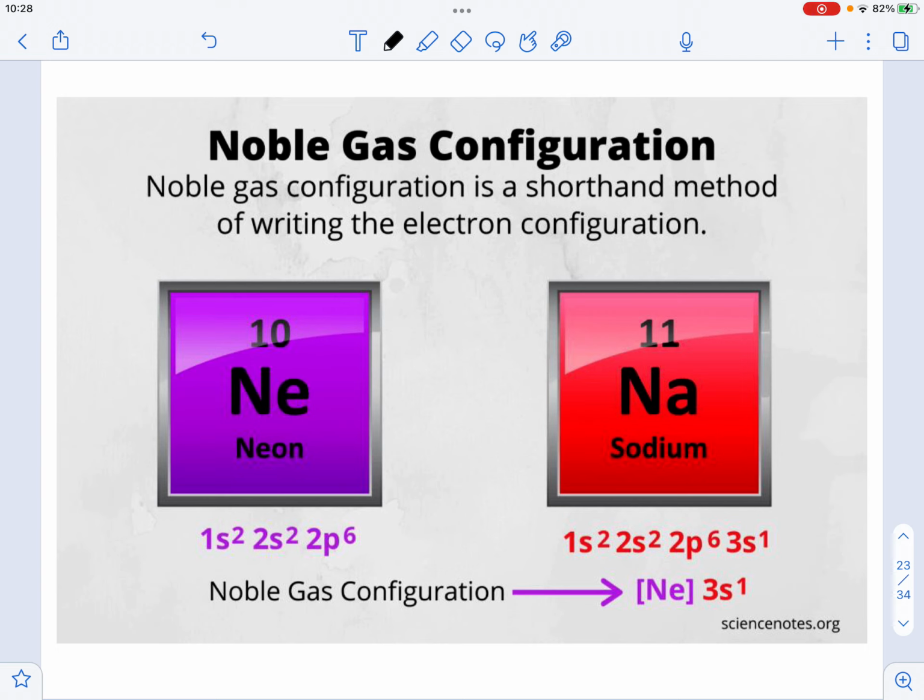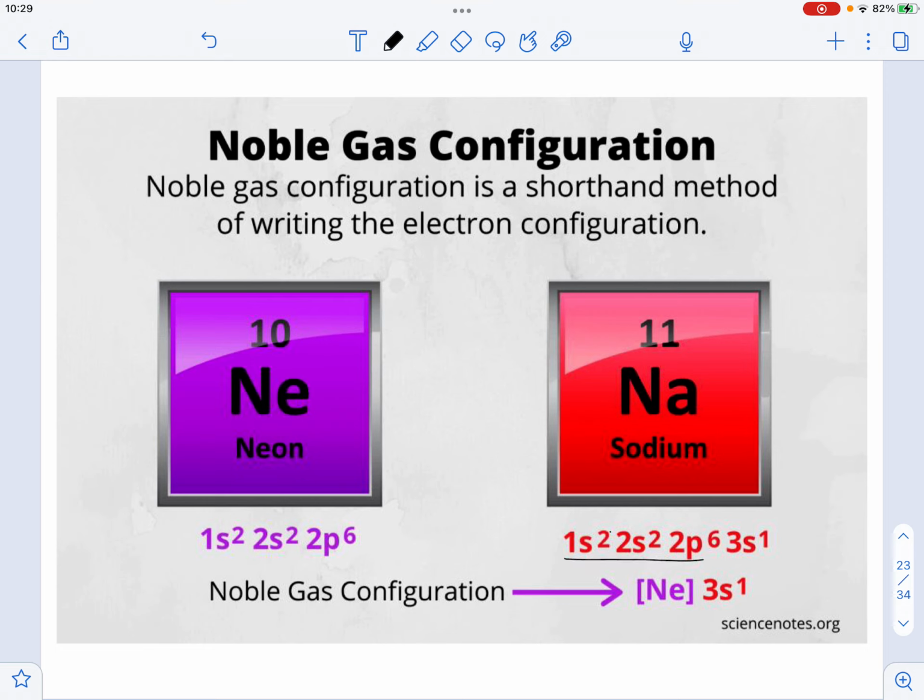As you can see here, we have 2 atoms, neon on the left and sodium on the right. The electron configuration for neon is 1s2, 2s2, 2p6. The full electron configuration for sodium is 1s2, 2s2, 2p6, 3s1.